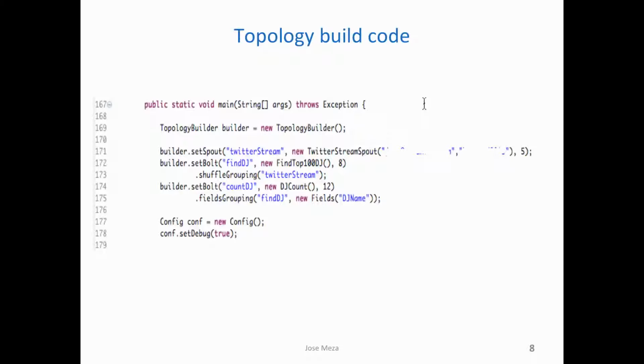And then you set the bolt to read the emitting messages from the Twitter stream, which is called find DJ. And then count DJ reads the DJ names that it finds in the Twitter streams in the find DJ bolt, and keeps track and counts them.